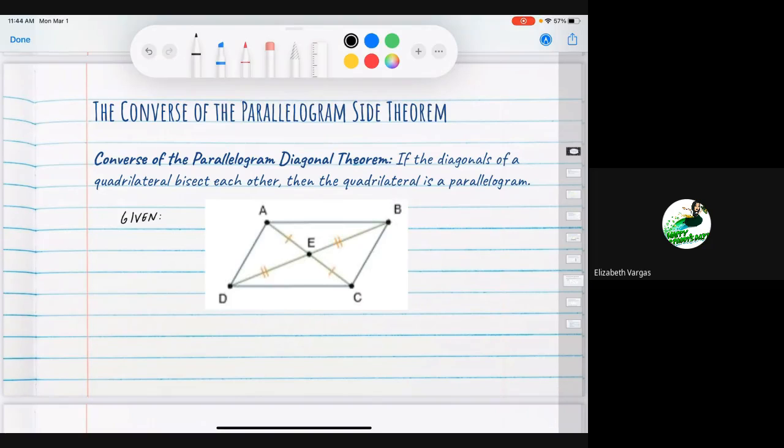More specifically, it's showing us that AE is congruent to EC and DE is congruent to EB. We see this in the diagram represented by these symbols right here. Those two are congruent to each other. These two are congruent to each other. So what is this saying? It's basically saying that the diagonals bisect our original line segments into two congruent halves. And because it does so, we can assume that this is a parallelogram.